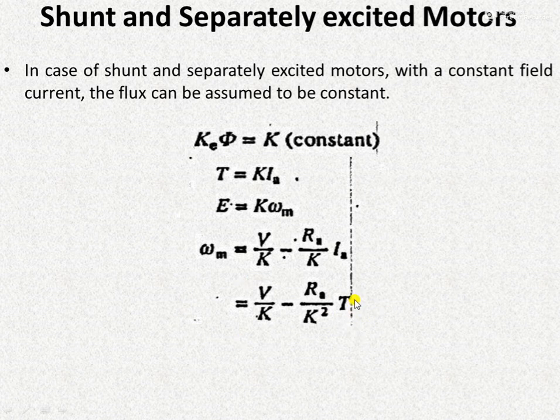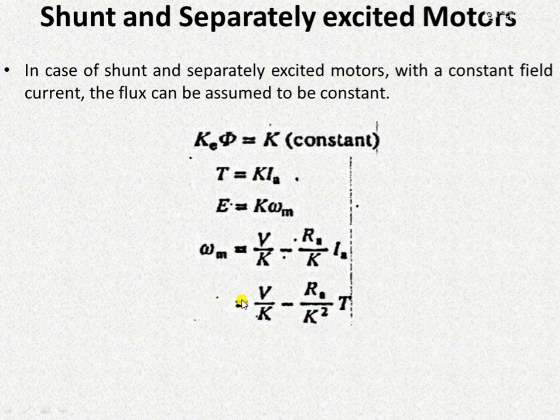Even if you increase the value of torque, there won't be much deflection in the speed. This is because the value of Ra is very, very small. So, however much you increase the torque, the change occurring in this particular term will be very small.